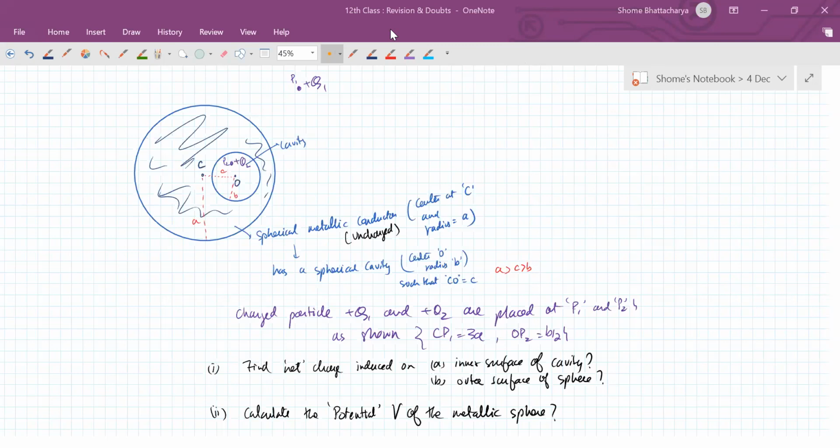So, Somadev, is it in terms of Q1 or Q2? The charge inside is plus Q2 and the charge outside is plus Q1. No? Yes, that's correct. Correct, that's correct.